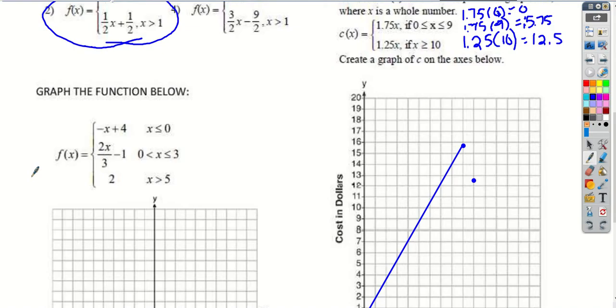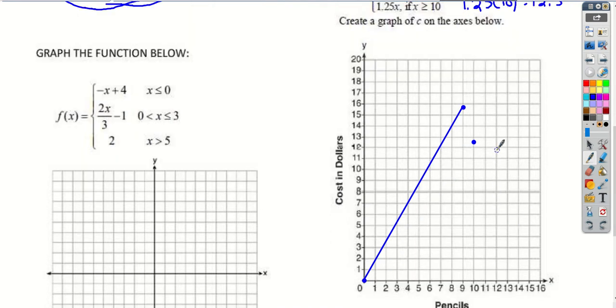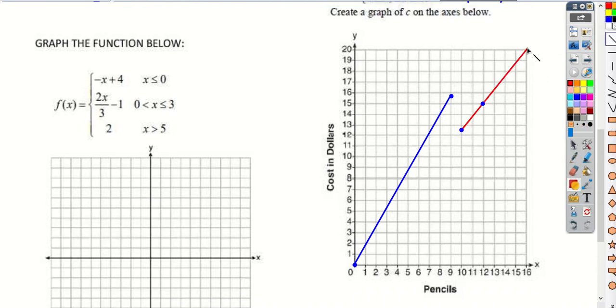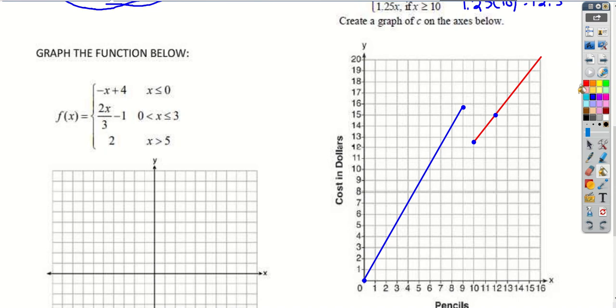The next nice point is the point 12, 15. So I'm going to plot 12, 15, okay, and then I can just draw a straight line from there through and up. All right, and that is my equation.